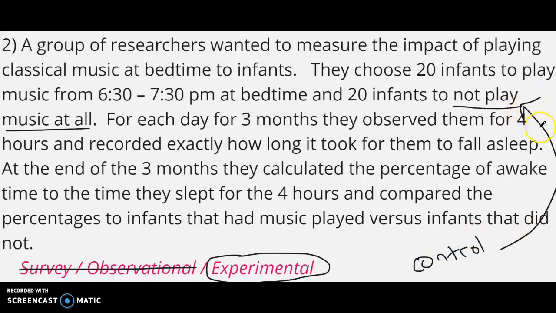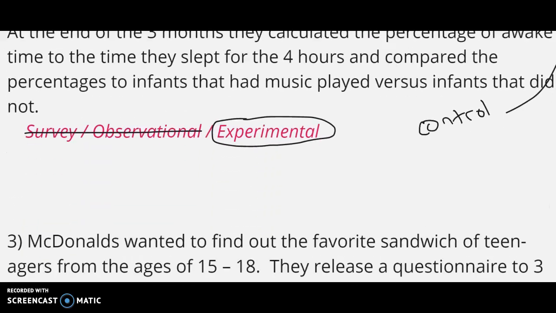If you have a control group and you're comparing that versus something you manipulate or do something to, it's an experimental study, kind of like an experiment in science. You want to observe one group, and then a control group where nothing happens, and just observe the differences. That makes this experimental.